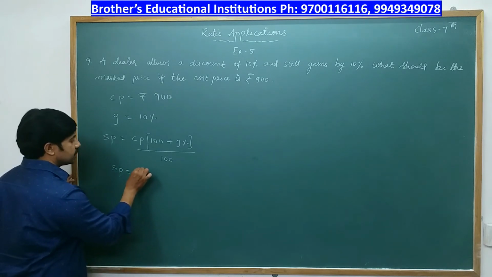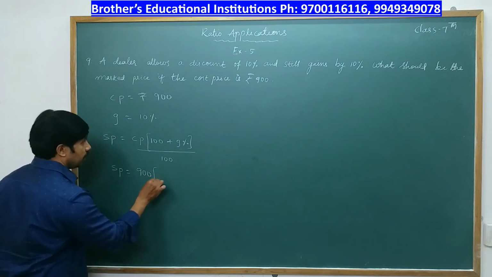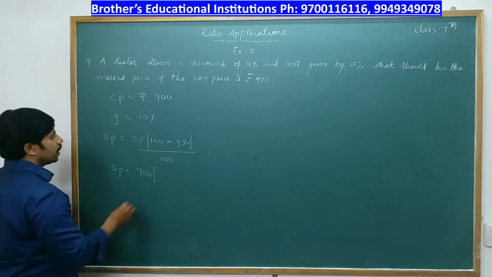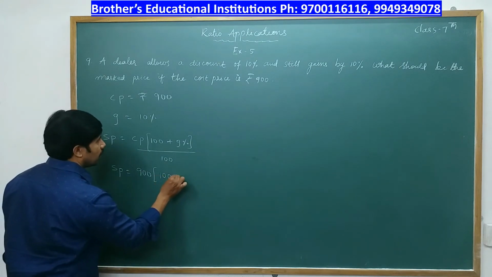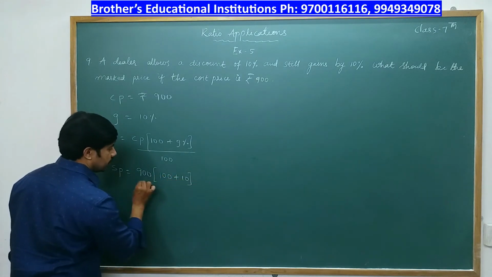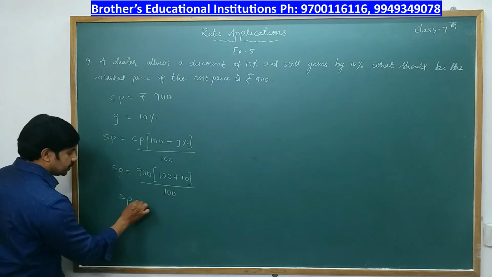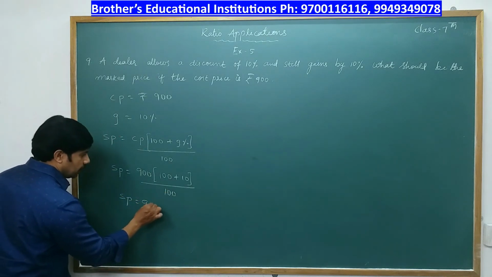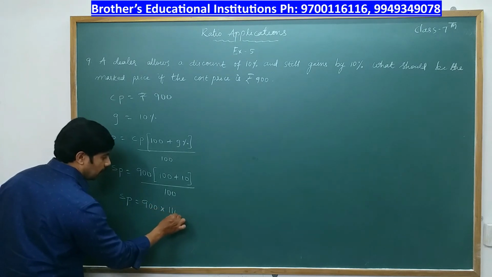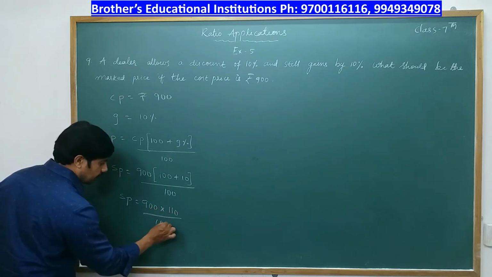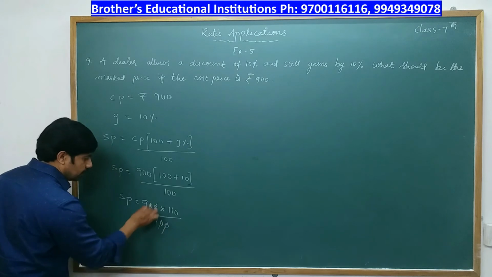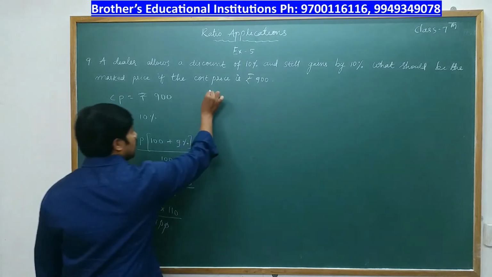Cost price is 900, into 100 plus gain percent. 100 plus gain percent is 110 by 100. So selling price is equal to 900 into 110 by 100. The zeros, we cancel. So now we are getting the selling price.